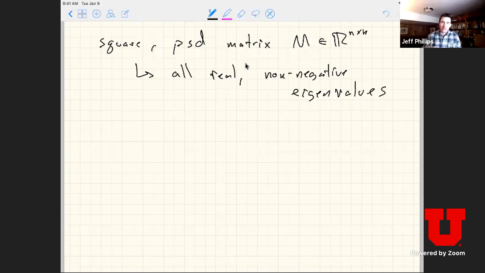I haven't said yet what eigenvalues are, but it ensures that they're all real and non-negative. That means they could be 0 or positive, but they can't be negative.